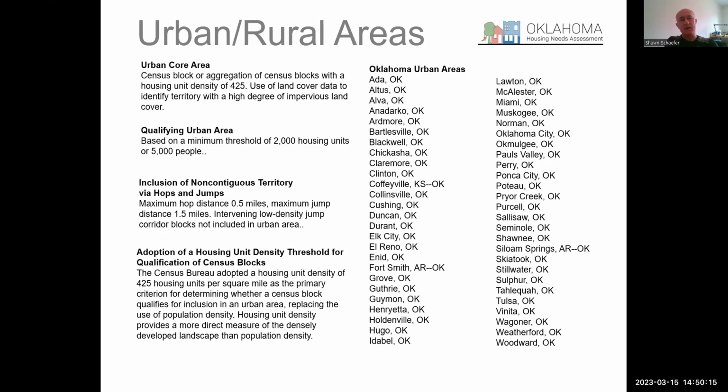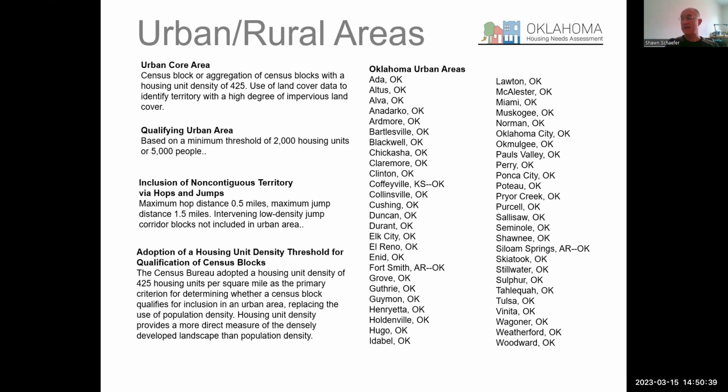So now I want to talk about some of the additional geographies out there that are sort of off of the main stem hierarchy. What's really of interest to us here is urban and rural areas. The Census Bureau classifies that. They use a definition that's, interestingly enough, based on housing unit density.